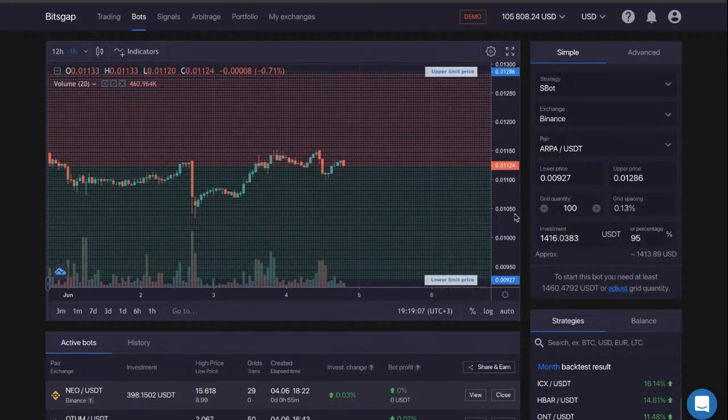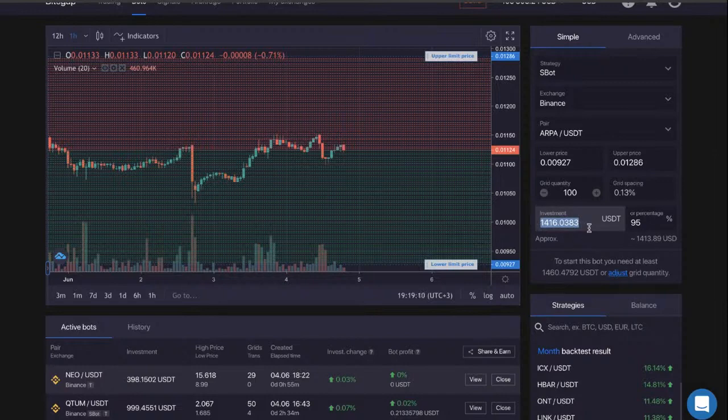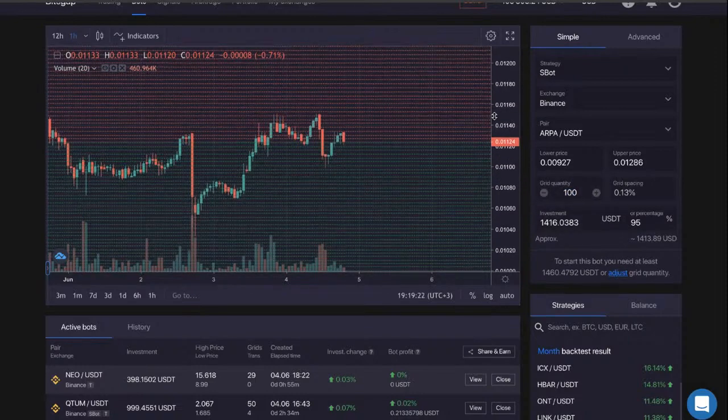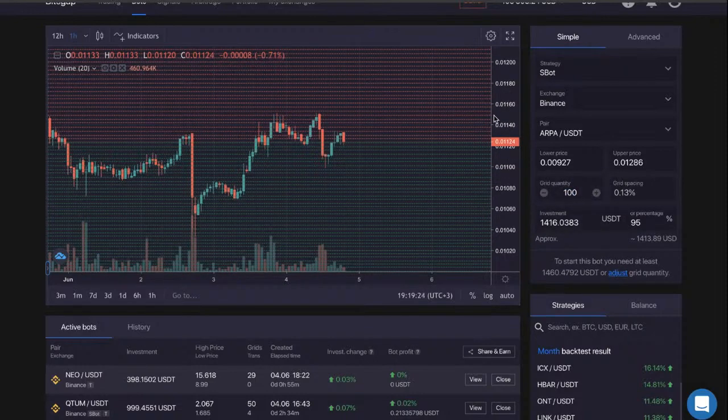You can also specify the investment here, but note that the more grid levels you want to have, the more capital, of the available balance you must have, because each grid requires a certain amount of investment.